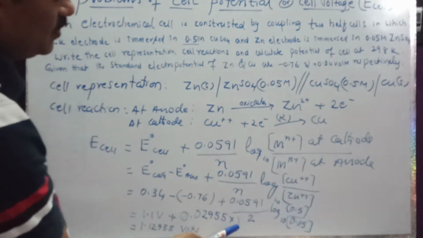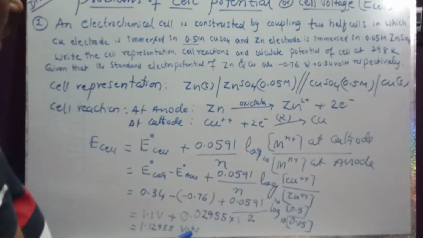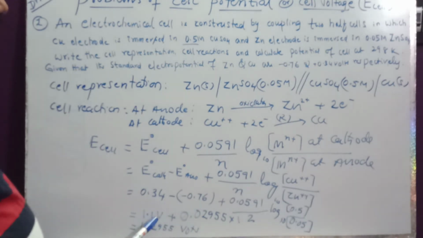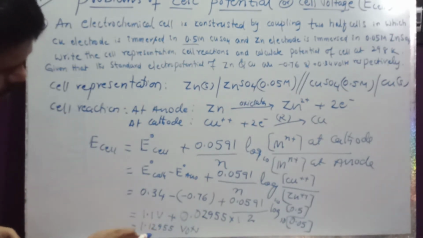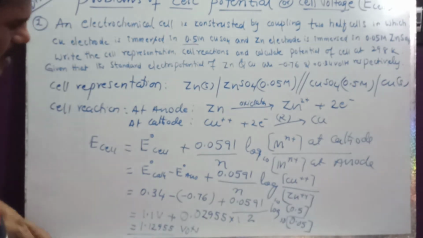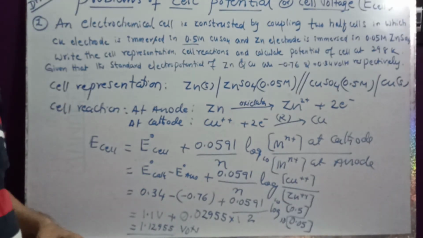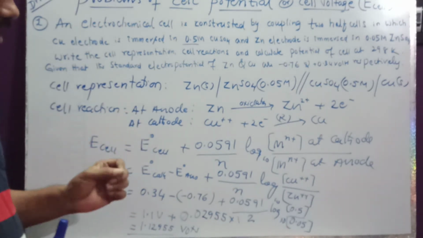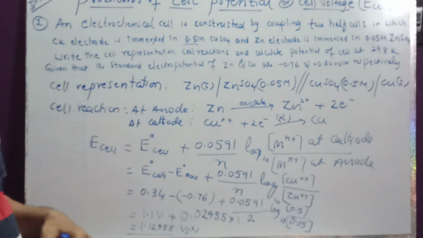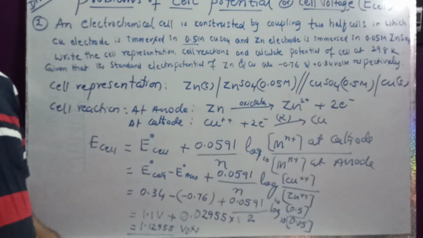Log 10 value is 1, I have multiplied with 1. So if you add this to 1.1, you will get the final answer 1.12955 volts. You can take a screenshot or write it down and verify your answer.